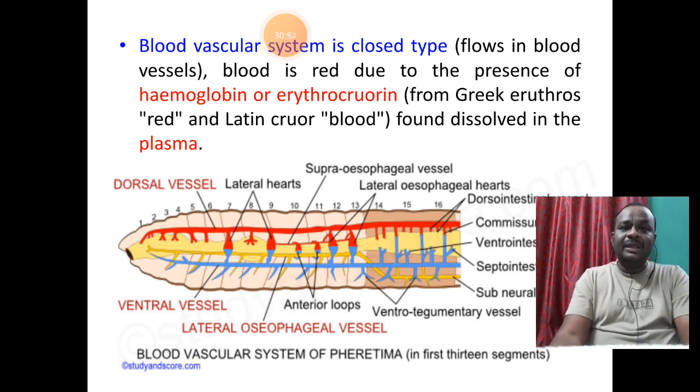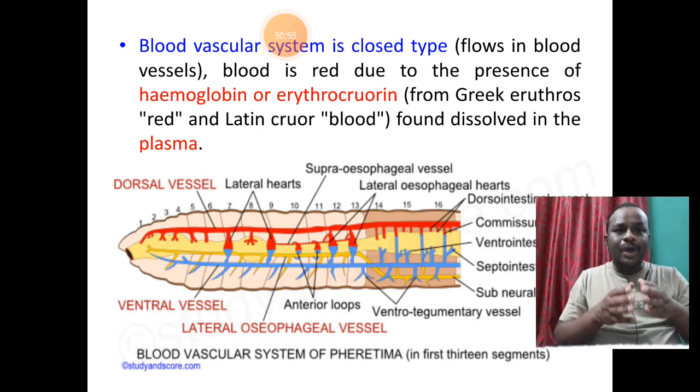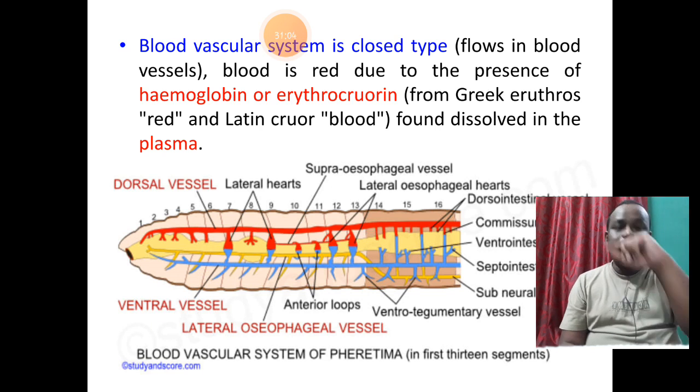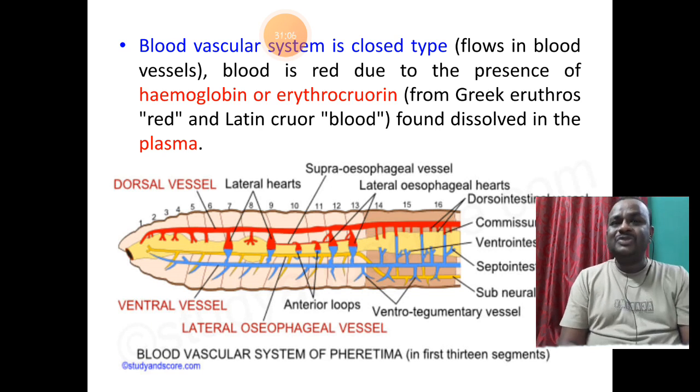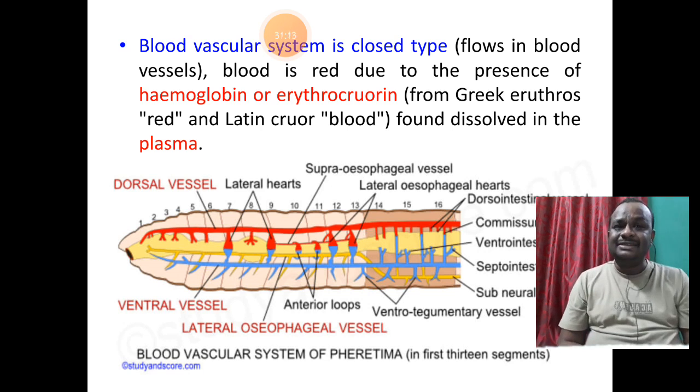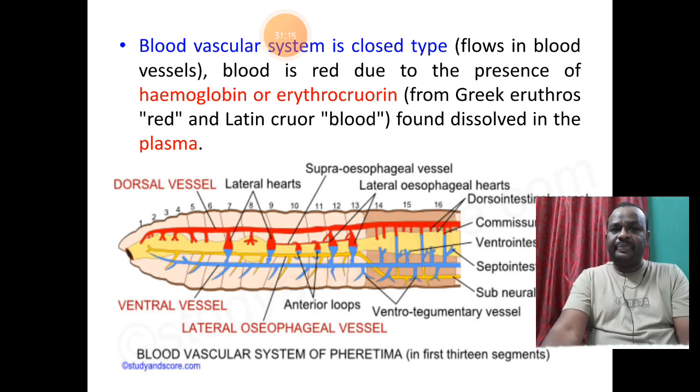It is because the blood flows in definite blood vessels. So blood flow happens within the blood vessels, and you find the blood vessel concept throughout the body of the organism. Such blood circulation, where blood definitely flows in blood vessels, is called closed type.